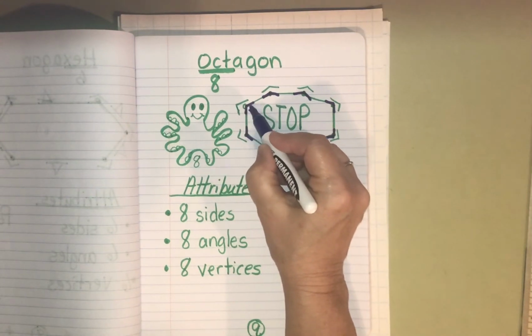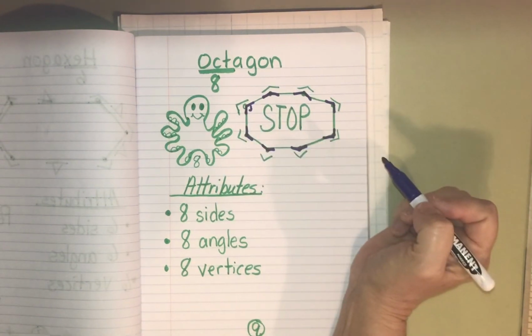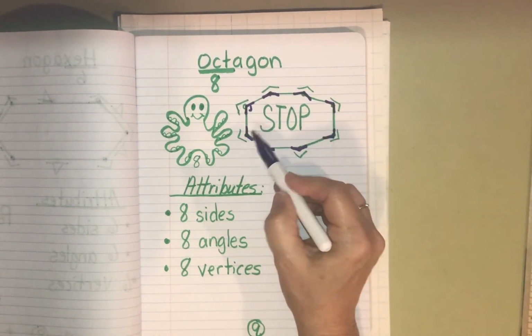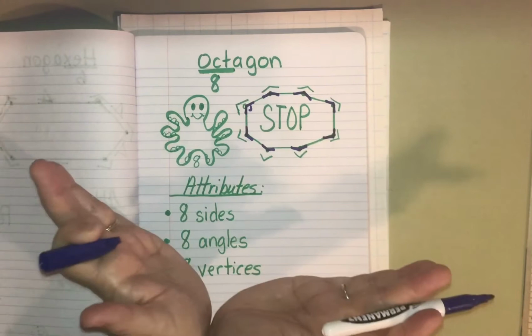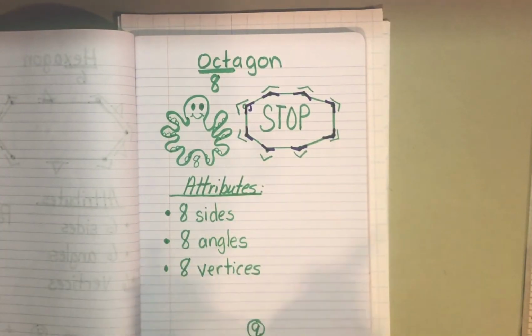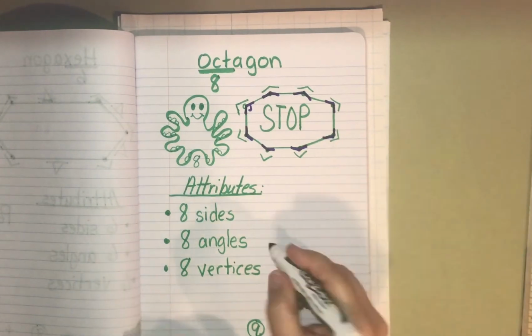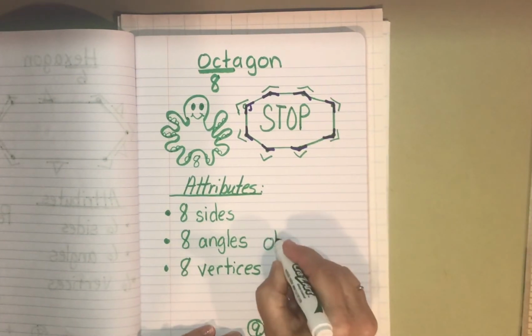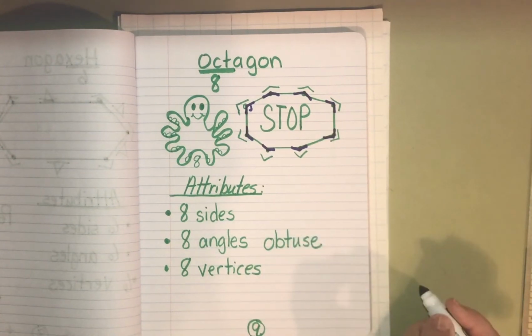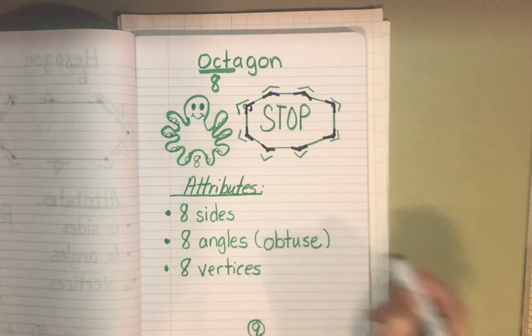It's not the same as a square, okay? So it's not 90 degrees. Is it less than 90 degrees? No, it's more than 90 degrees. So our angles are actually obtuse. So let's go ahead and write that. They're going to be obtuse angles, okay? And we can put that in parentheses.